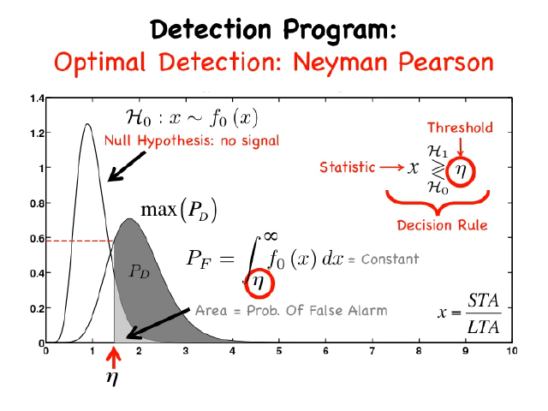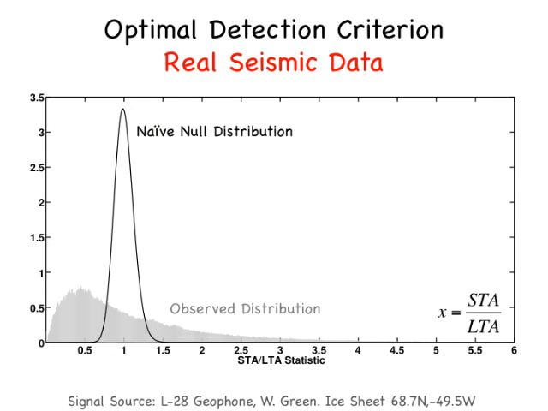This threshold value then maximizes the detection probability of the signal. The acceptance region, detection threshold, and sufficient statistic X together constitute the Neyman Pearson STA-LTA detector. It is optimal in the sense that it maximizes the detection probability for a given false alarm rate.